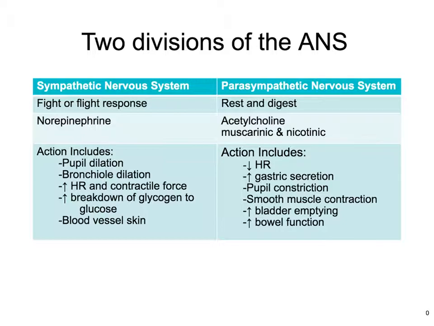Some actions include pupil dilatation, bronchial dilatation, increased heart rate and the rate and force of the contraction of the heart, increased breakdown of glycogen to glucose, and blood vessel dilatation in the muscle tissues and shunting from the skin and viscera.